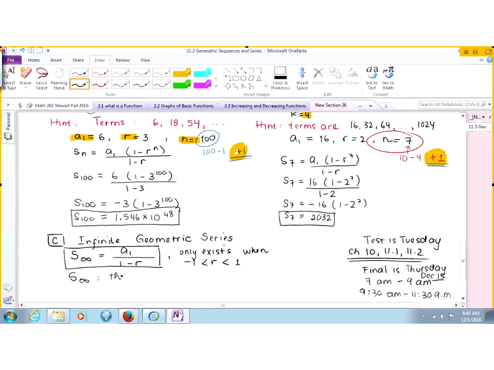Yeah. Now, what is S infinity? S infinity is the sum of the terms of an infinite geometric series.